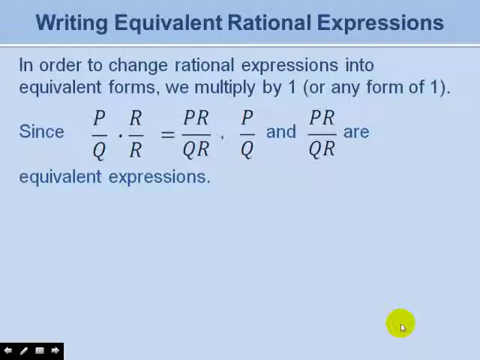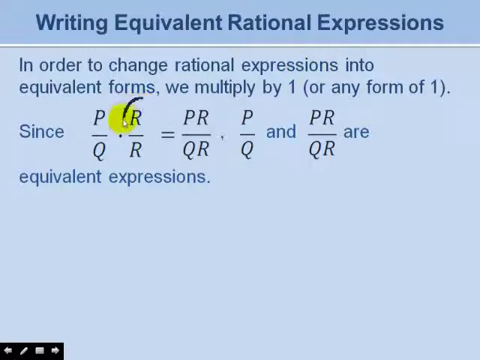Another thing we'll need to be able to do is to write equivalent rational expressions. In other words, we want to be able to change any rational expression into an equivalent form. And the way we do that is that we actually multiply by 1. Now 1 has a lot of different forms. In fact, if we have a rational expression where the numerator and the denominator are the same, that's equivalent to 1.